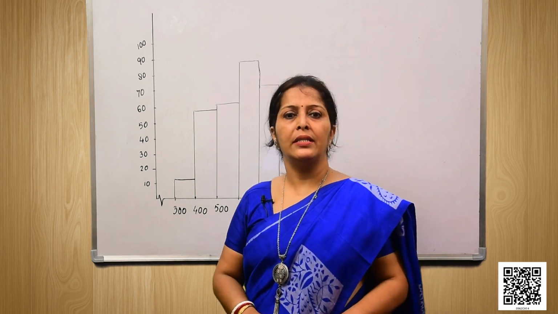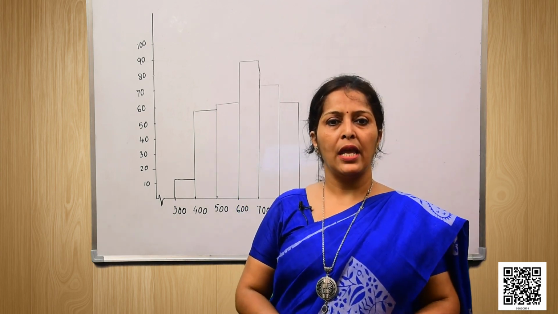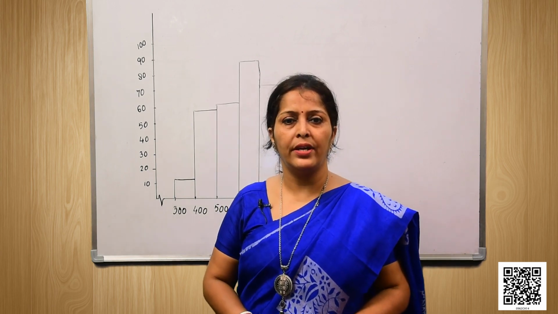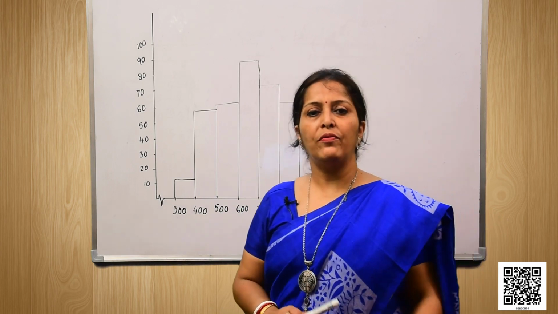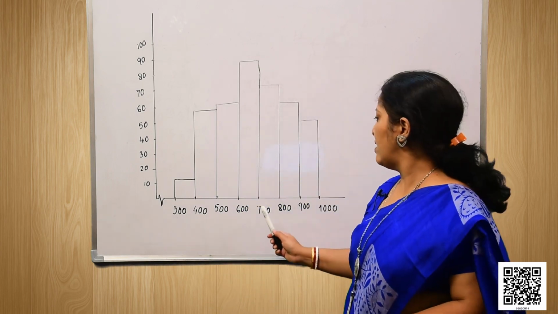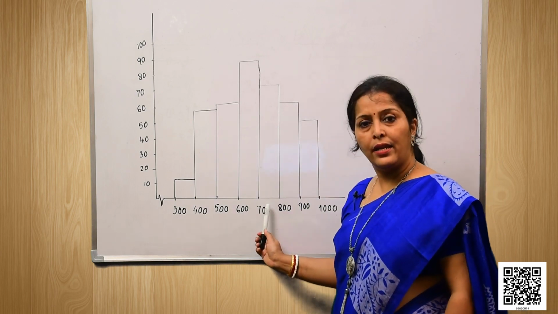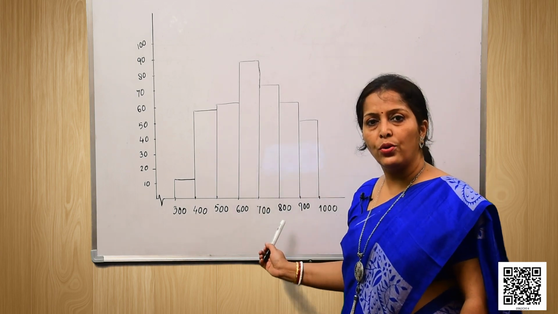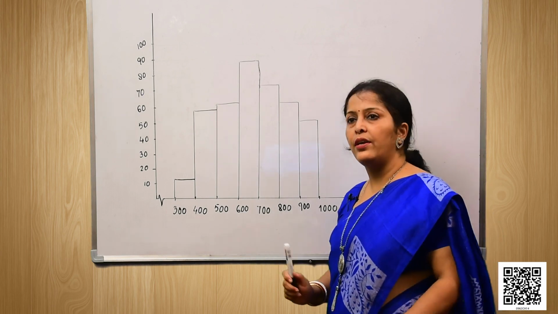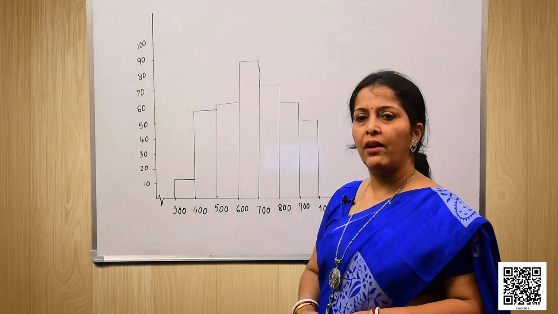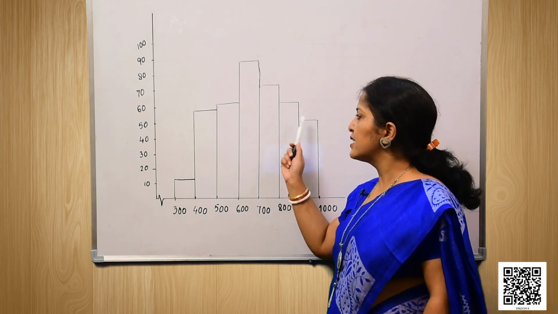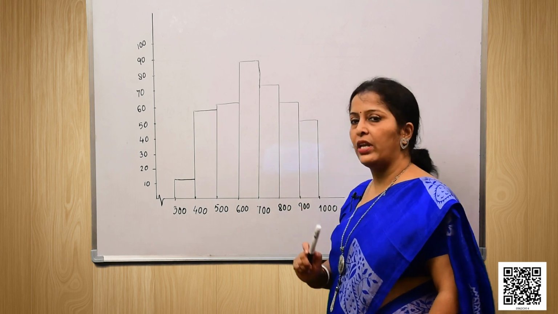Now, in the second bit they asked how many lamps have a lifetime of more than 700 hours. When we say more than 700, we include 700 to 800, 800 to 900, also 900 to 1000. In these ranges we have the numbers 74, then 62, then 48.